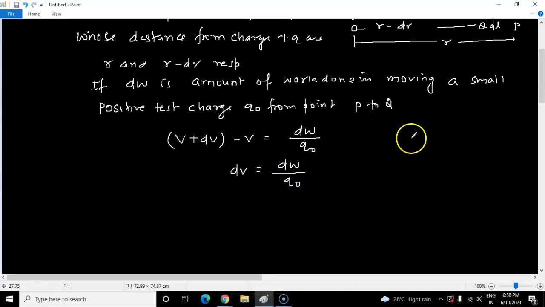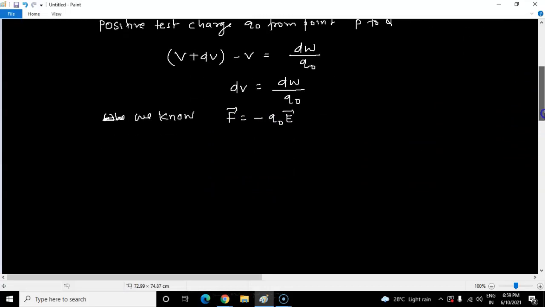And if E is the electric field at point P due to the charge plus Q, we know that F is equal to minus Q into Q naught into E. Right? And work done, what can you write here? F into dl.